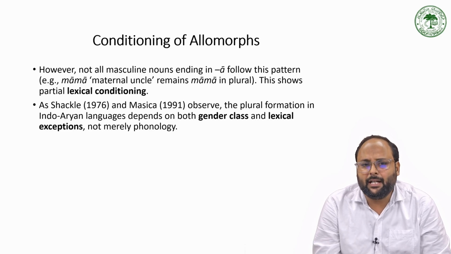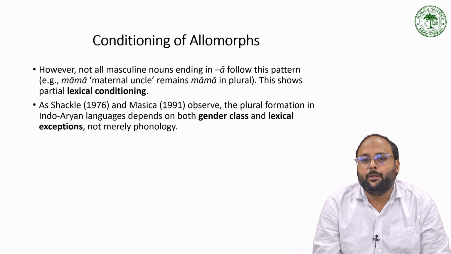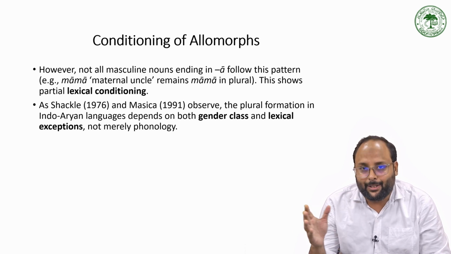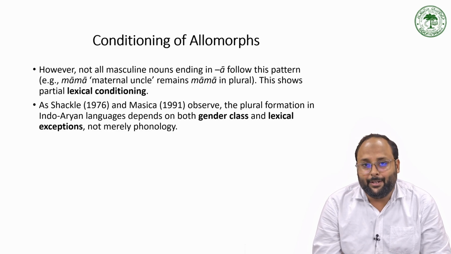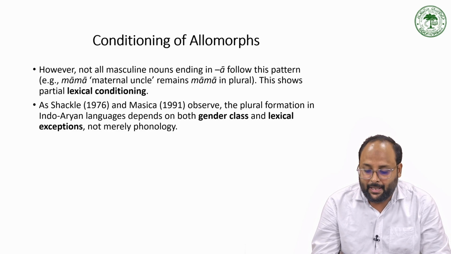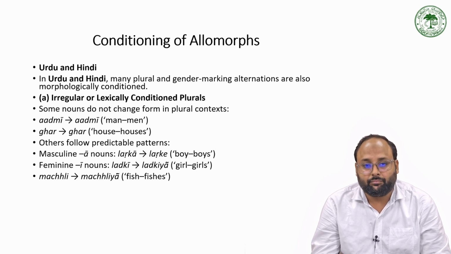We have another example: not all masculine nouns ending in a follow this pattern. There are lots of other nouns in Urdu that do not change their form to make them plural, like mama, which is singular, and mama, which is plural. They are the same. But we have an example like ladka, which becomes ladke, so the a ending changed into e.